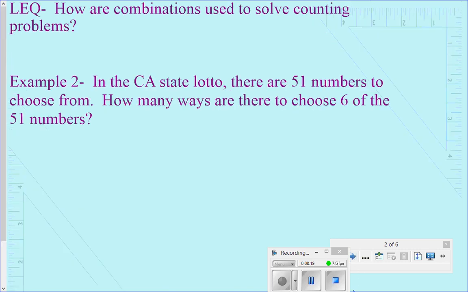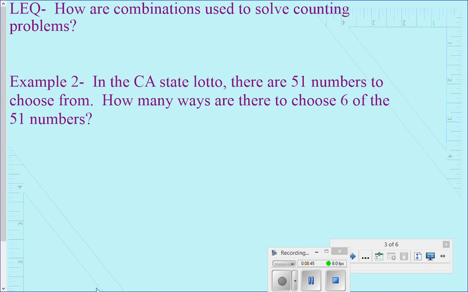So there's our formula. So this one, California Lotto, 51 numbers to choose from. We're choosing 6, and first we need to decide, can we repeat? Hopefully you're realizing when those balls come up in the machine, there's only 1 ball per number, 1 number per ball. So no, the numbers don't repeat. And then there was confusion about this in class, but hopefully you realize with a lottery, the order does not matter that I get the numbers in.